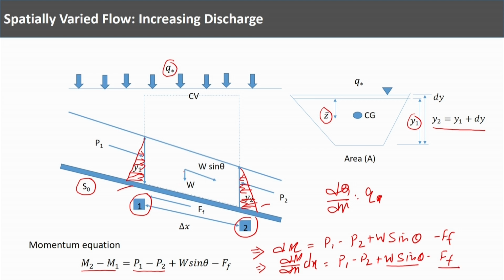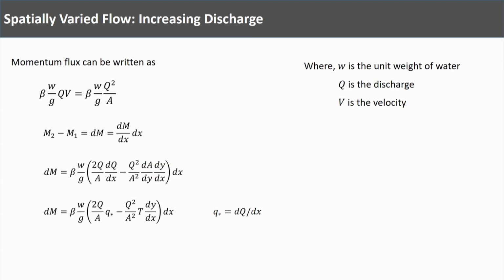So, in this particular control volume, once we put it in and simplify it, we will get the governing equation for spatially varied flow with increasing discharge. So, let us see the first part, that is your M2 minus M1.